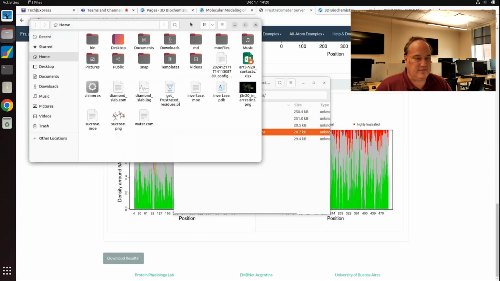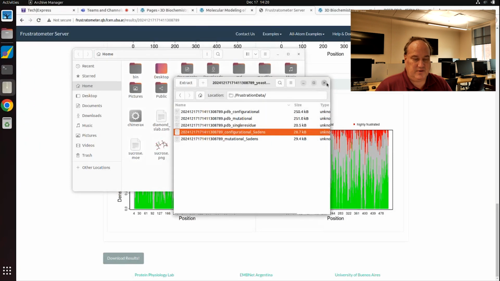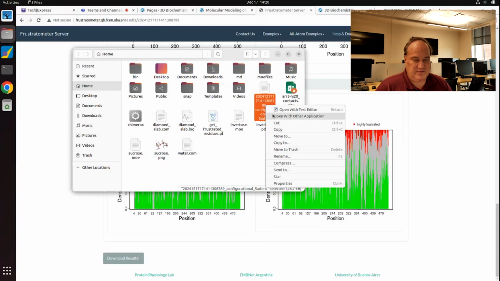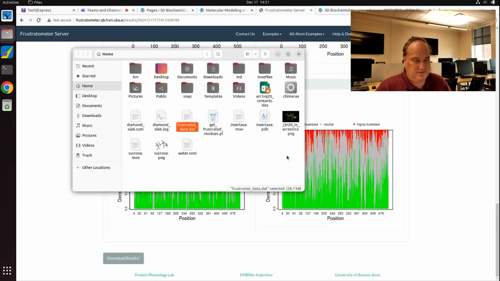And so this shows me all of my files. We're done with the RAR file for now. And here's my file. Now I'm going to rename this frustrated data.dat, and we'll just call it that.